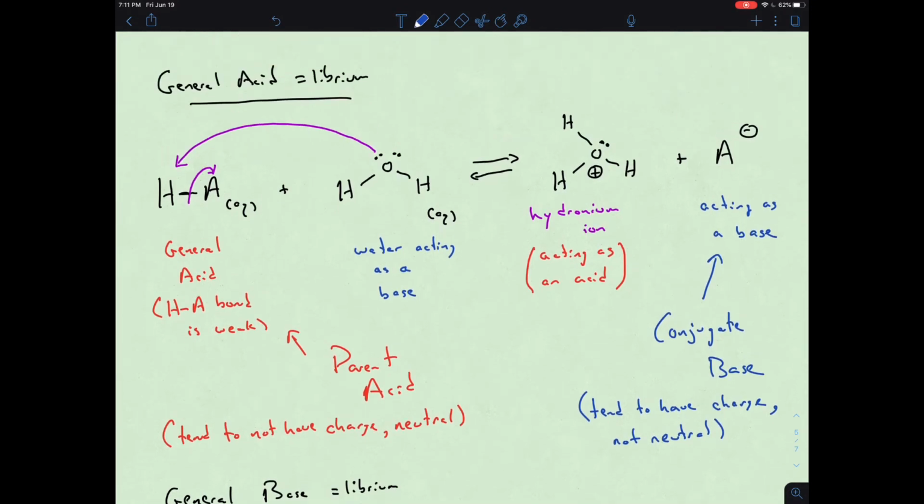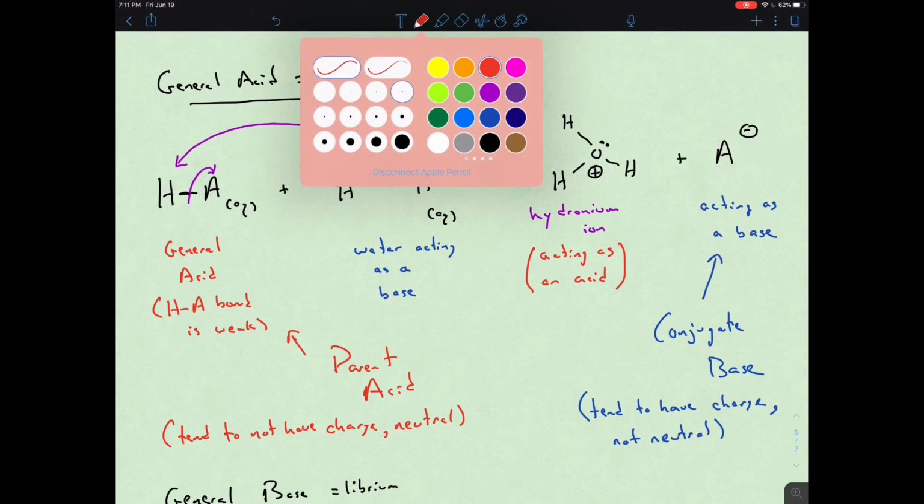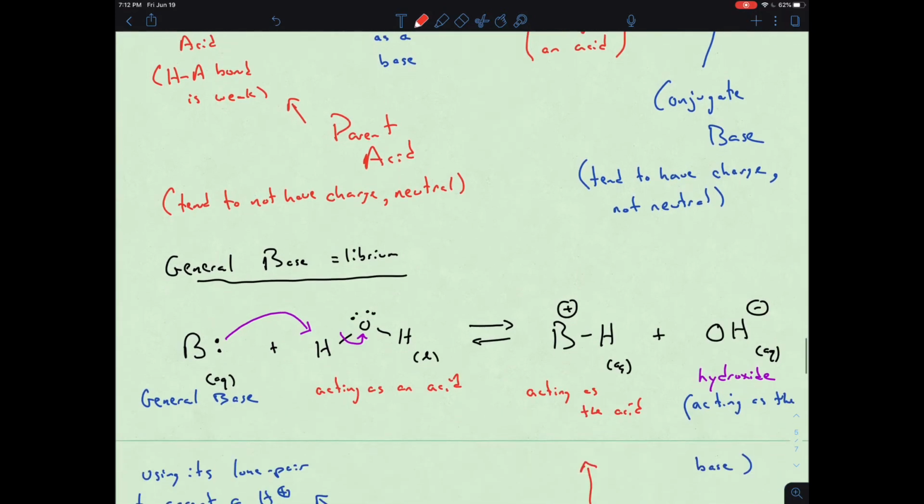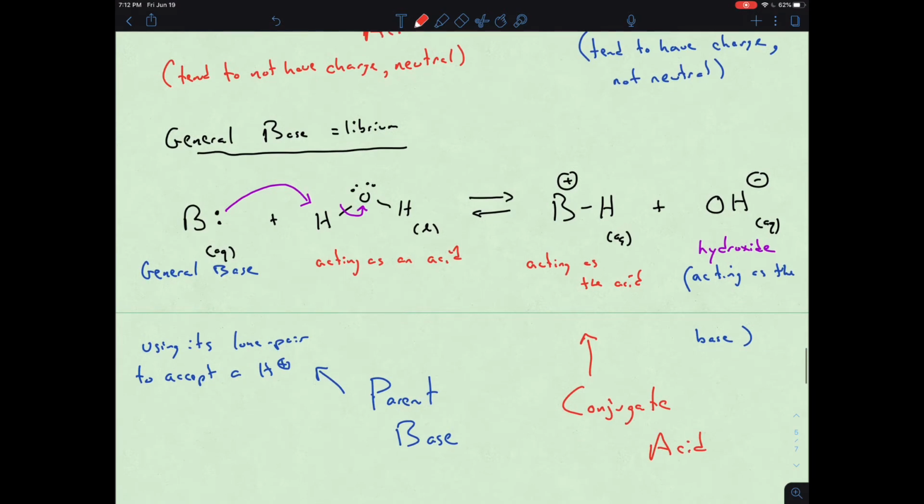Here with a general acid equilibrium, we're increasing our hydronium ion concentration, while with our general base equilibrium we're doing the same thing, but we're increasing our hydroxide concentration. So that's how these act as an acid or a base.